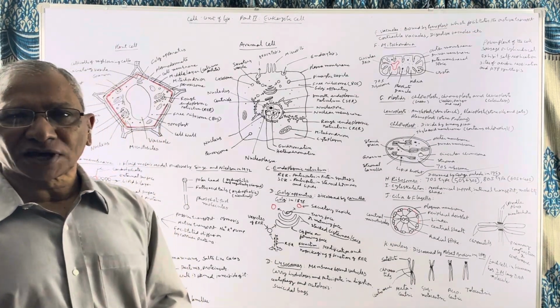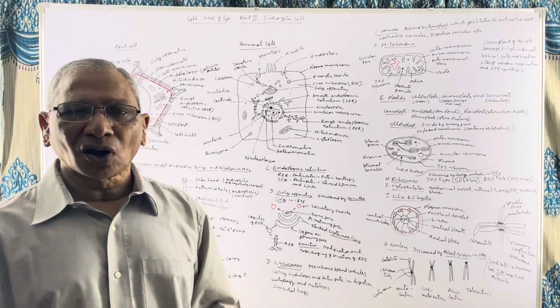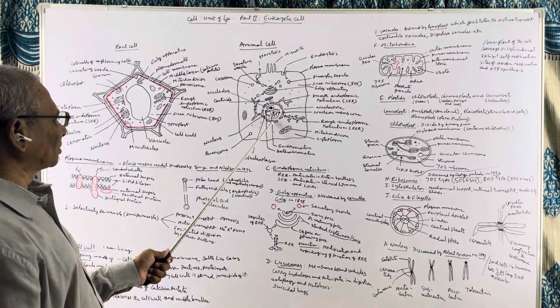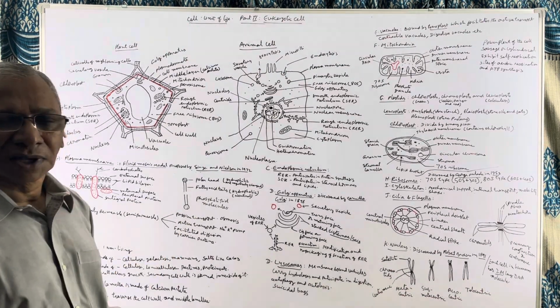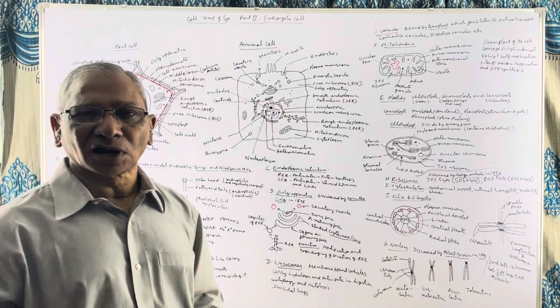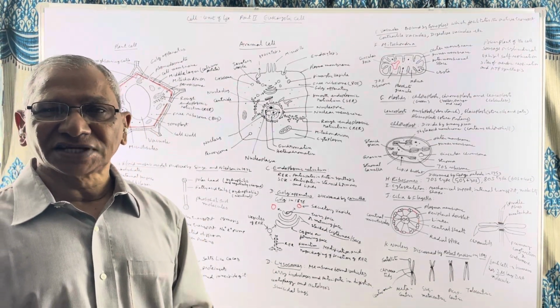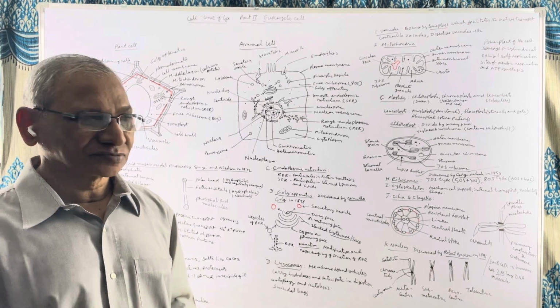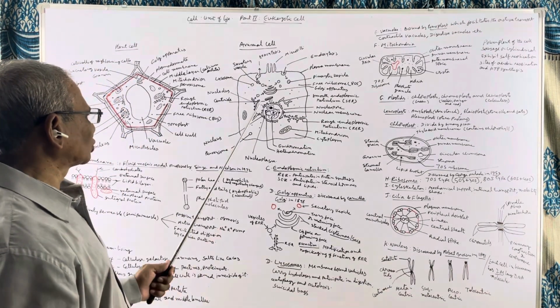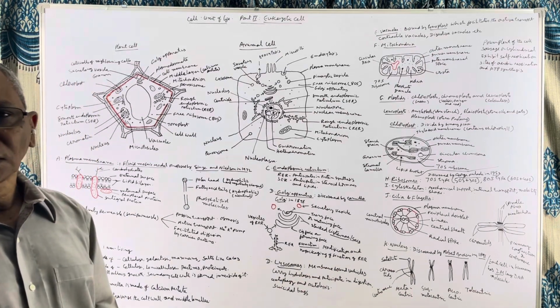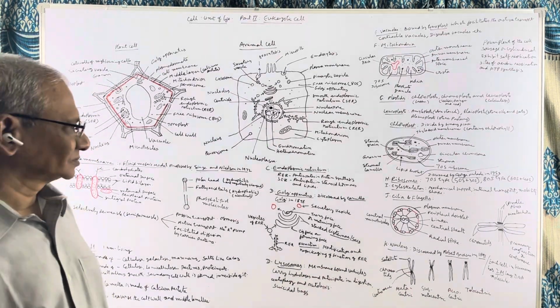The ribosomes are either free in the cytoplasm or attached to the endoplasmic reticulum, nuclear membrane, etc. The 80S ribosomes are made of two subparticles of 60S and 40S. The ribosomes are factories where proteins are synthesized.